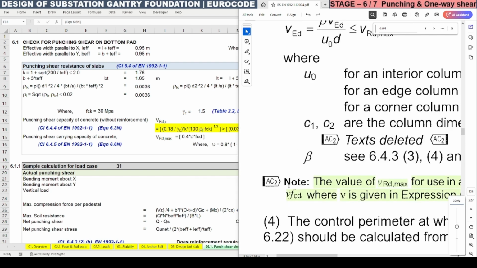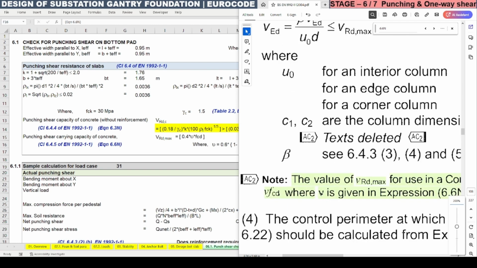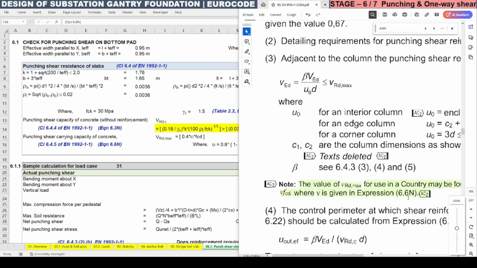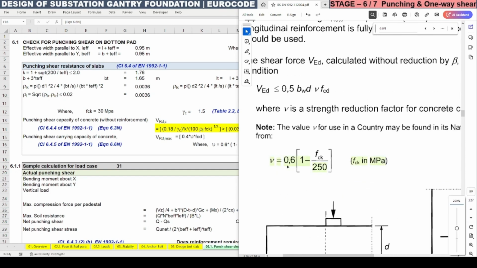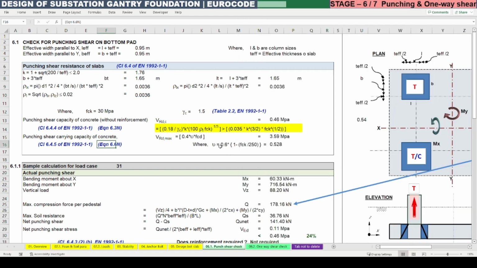mu into fcd. So this is the equation given in that, whereas this symbol mu value is given in expression 6.6n. In order to find that equation 6.6n, we need to refer page number 89. So here you can see this mu is 0.6 times (1 minus fck divided by 250).